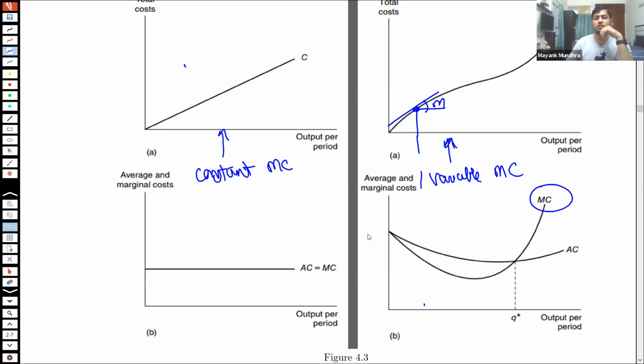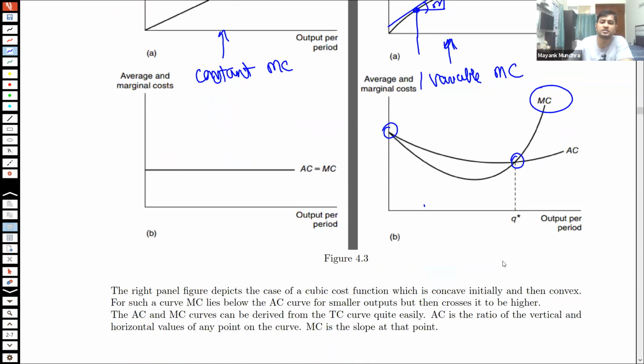So your marginal cost curve will intersect the average cost curve in two important positions, this position and this position. So we have two important results here. Result number one is that at Q equals 0, average cost equals marginal cost.